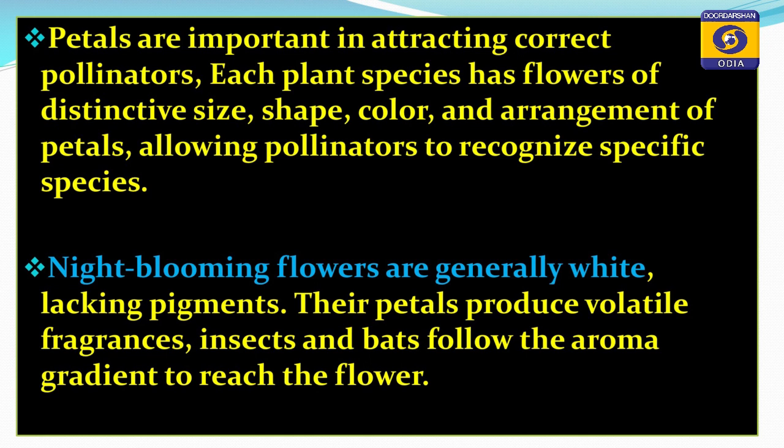Now, generally if you look at nature, some flowers bloom at night. Night-blooming flowers are usually white in color, they lack any pigment, as found in Tagoro, Tabernamontana, and in some other plants.